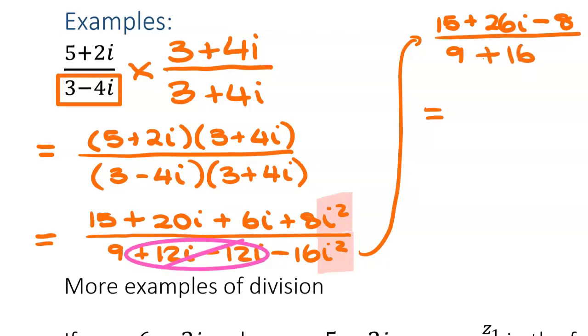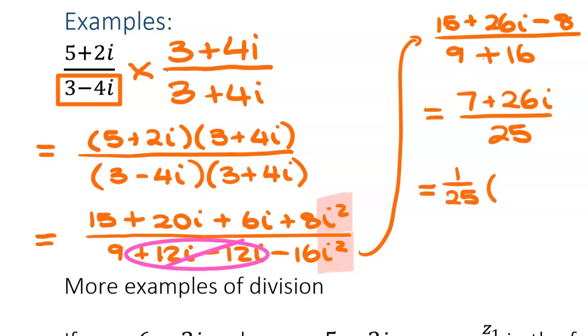Okay, we've nearly finished up here. So that's going to be 7 plus 26i on 25. Now, for some reason, in the complex number world, we do not like to leave our answer looking like this. It's just one of those strange conventions. What the examiners in Year 12 would prefer you to do is write 1 on 25 here, and then put your 7 plus 26i.